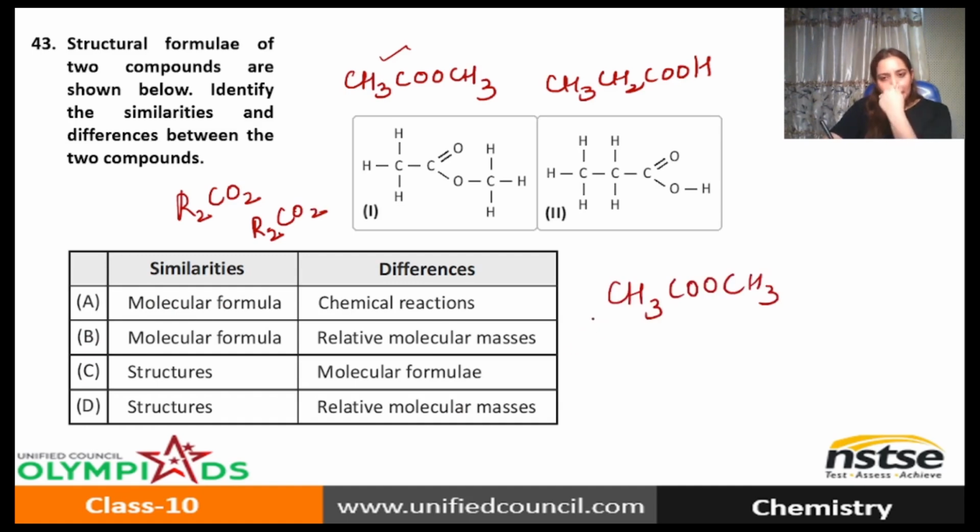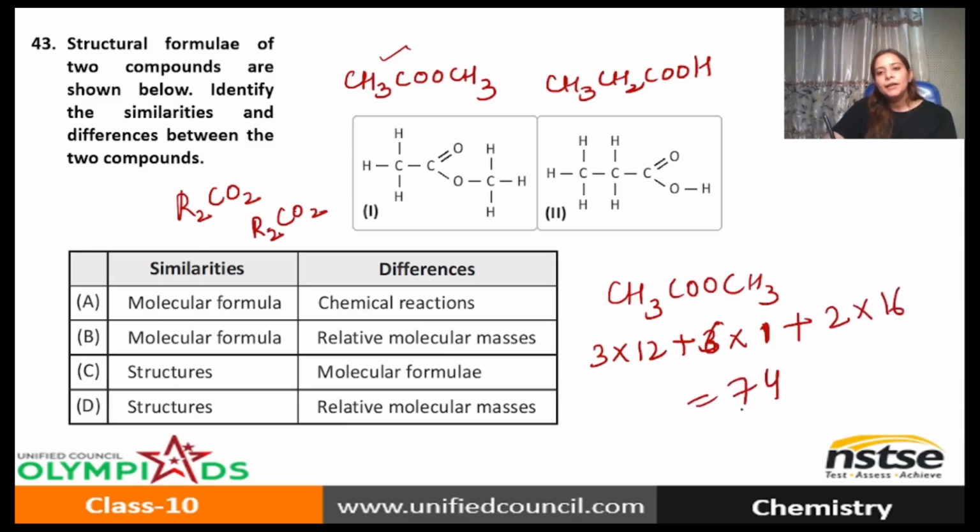How many carbons? 1, 2, 3. 3 into 12 plus how many hydrogens? 3 and 3, 6 hydrogens. Plus how many oxygen? 2. 2 into 16. If you solve it, it will come out to be 74. In the same way for the other, it will come out to be 74. So they have the same relative molecular mass.